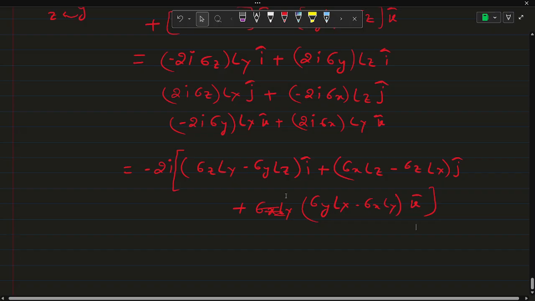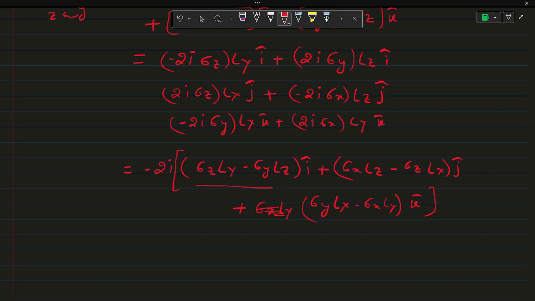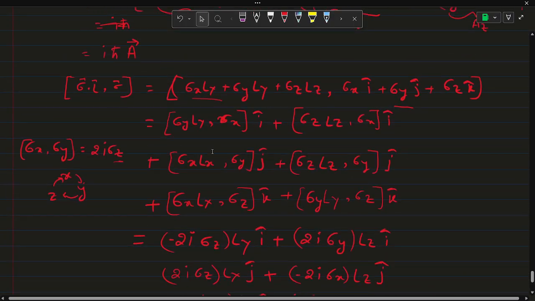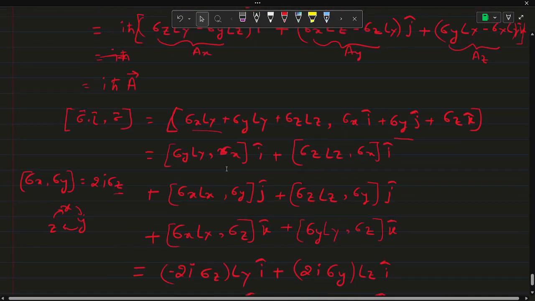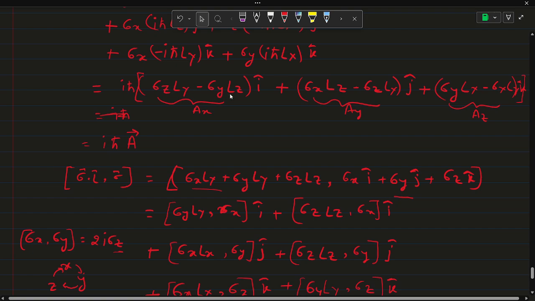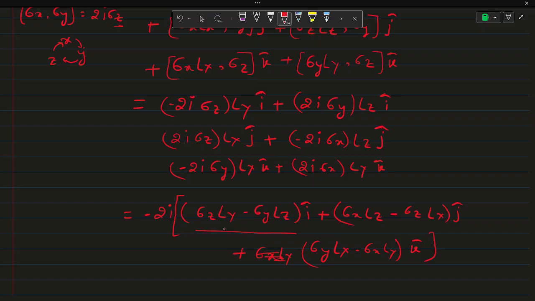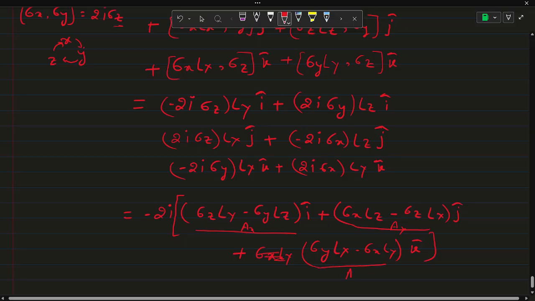So sigma z Ly minus sigma y Lz we have taken as Ax, we have taken this as Ay, and this is Az.